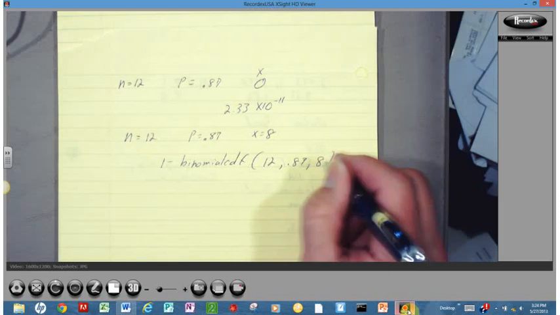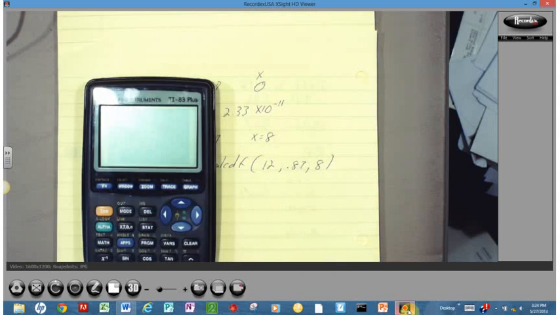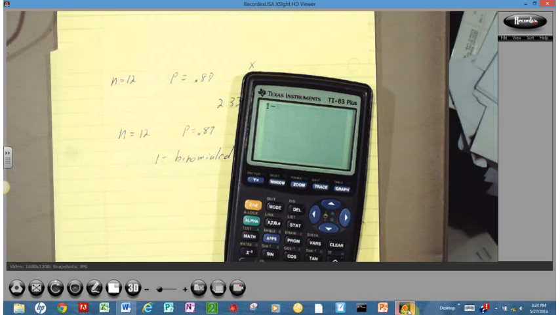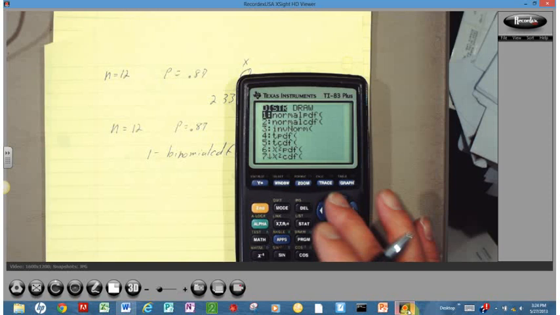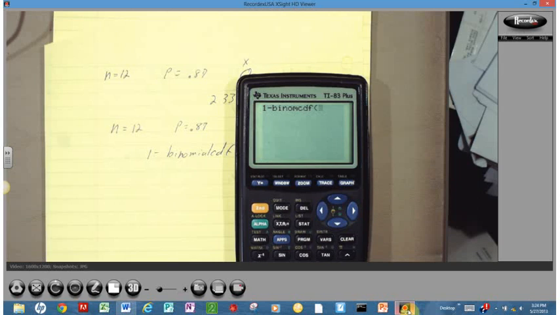So throwing that in the calculator, 1 minus second vars, go up to binomial CDF, and then it was 12 comma 0.87 comma and then 8, and then parentheses. And let's see what we get.